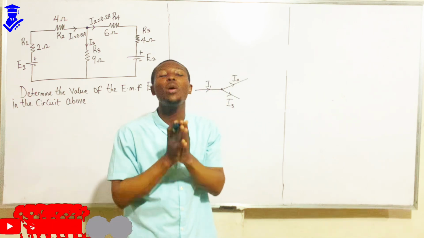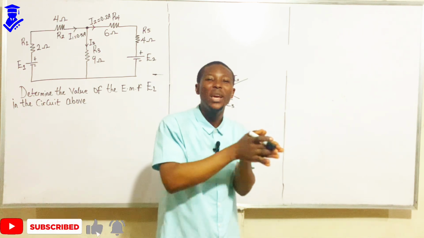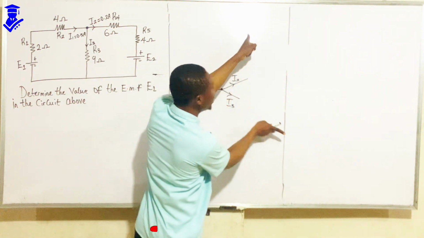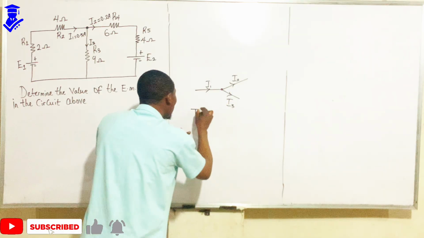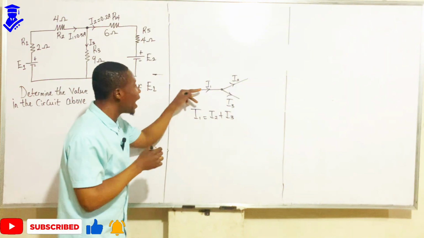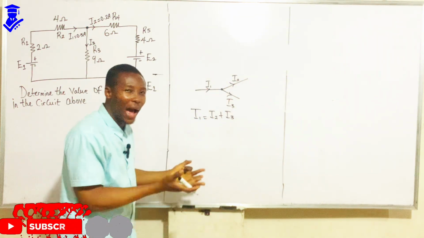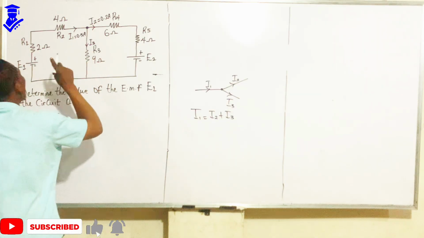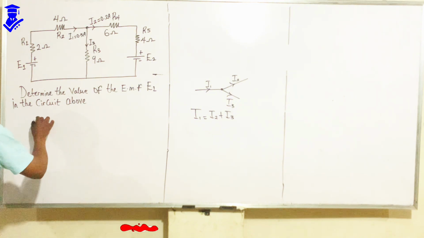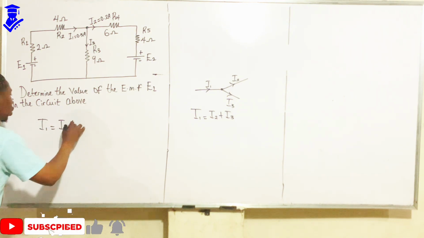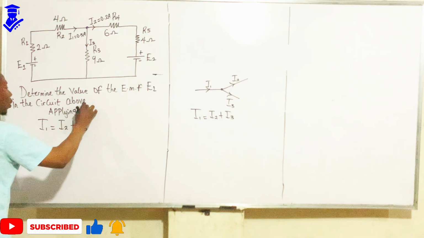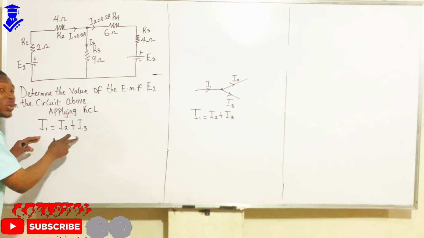It states that the sum of currents entering a node or junction is equal to the sum of currents leaving. So I1 is equal to I2 plus I3. That's applying KCL, Kirchhoff's current law.